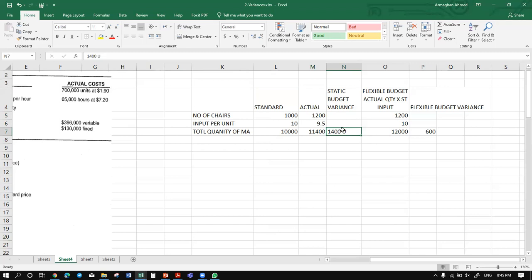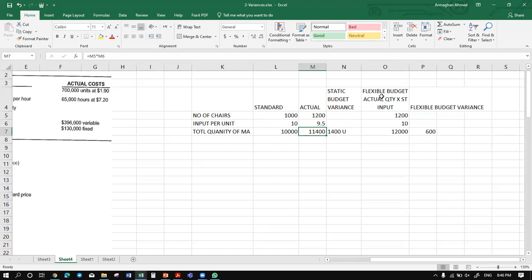But if I tell the labor that the budget is unfavorable, they will say, sir, you asked me to produce 1000 chairs, and this 10,000 is for 1000 chairs, whereas I produced 1200. When I produce more, my material usage will be more, my quantity is 11,400. Because I produced more, raw material is consumed more. So you should not look at the static budget in this case.